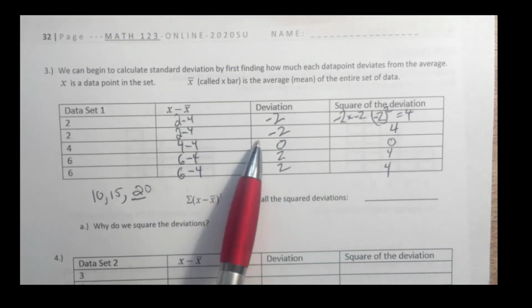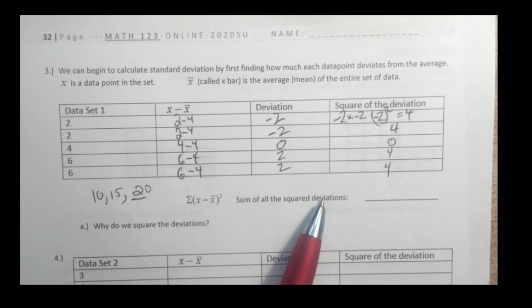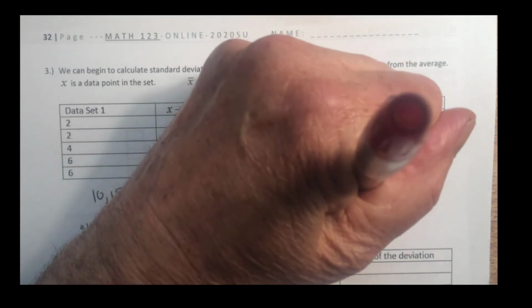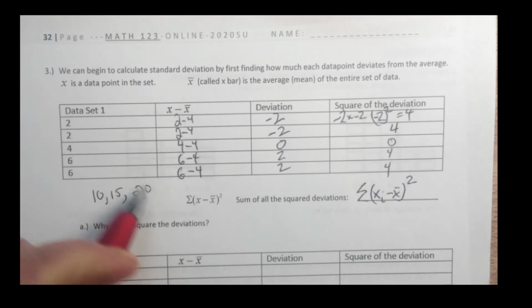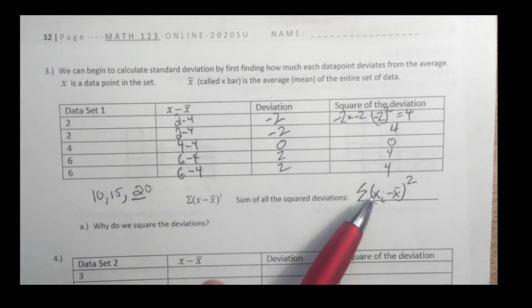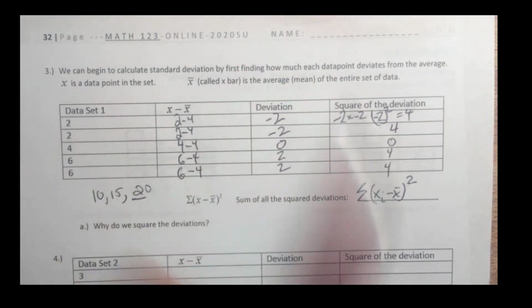And I had to do it for each one. Now the sum of the squared deviations is our next step, and that is written this way: the sum of the deviations squared, which is the whole numerator of the standard deviation formula. So I'm just going to add these up: 4, 8, 12, 16.